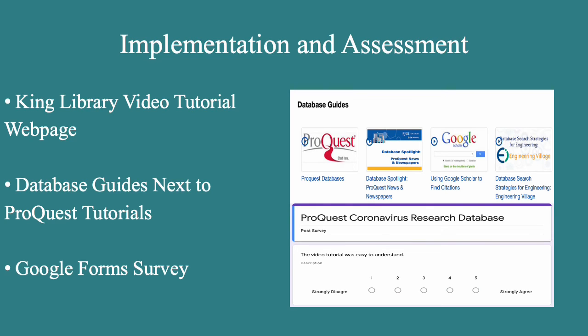To assess the tutorial's effectiveness, though, students will be provided a link to a Google Forms survey on the last slide with questions designed to gauge students' comprehension of what was presented and elicit feedback regarding the tutorial's design, delivery, and content.